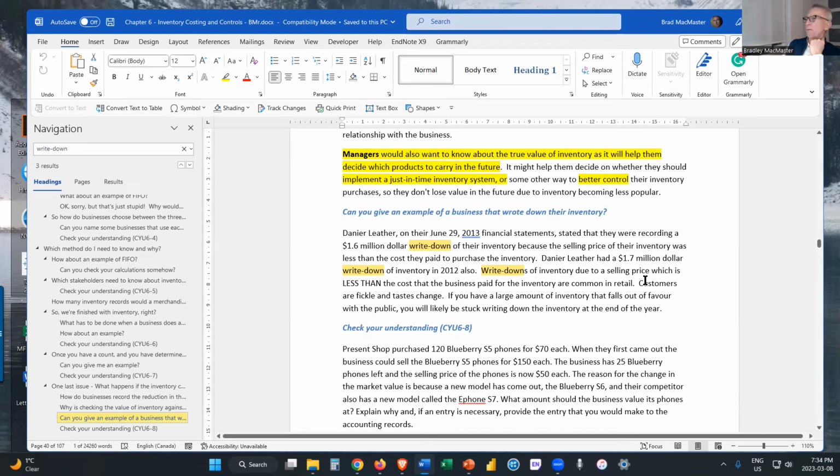And obviously, when they buy these, they have a cost attached to them, right? So they're using an inventory cost tracking system, such as the one we did in class together.